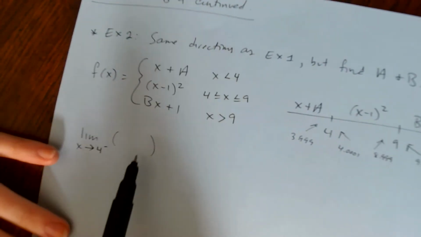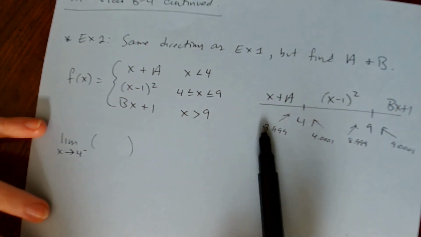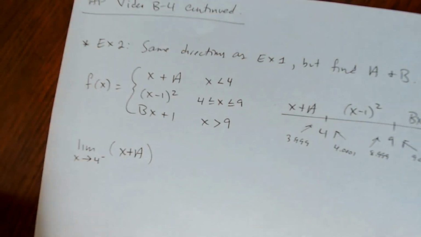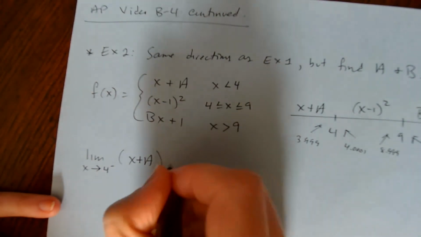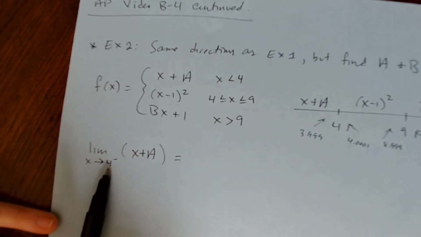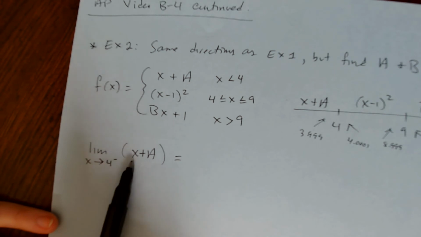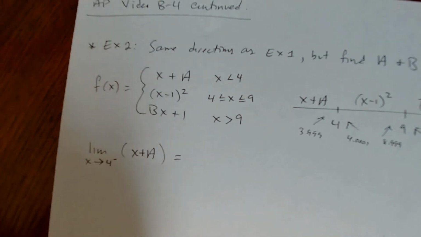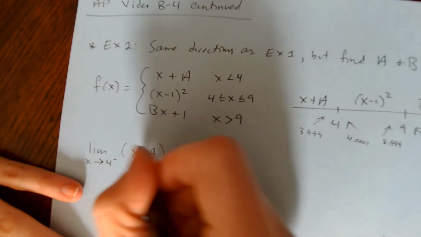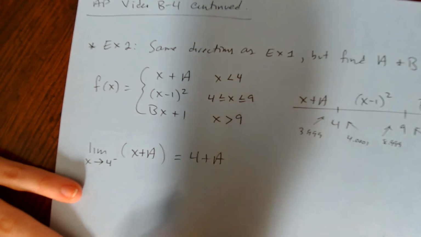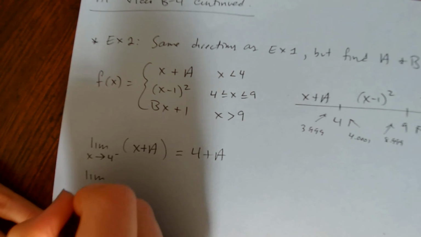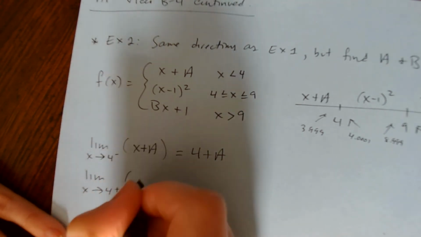If I'm to the left of 4, it's x plus a. So about 4 plus a, and as we get closer to 4, this gets closer to 4 plus a.